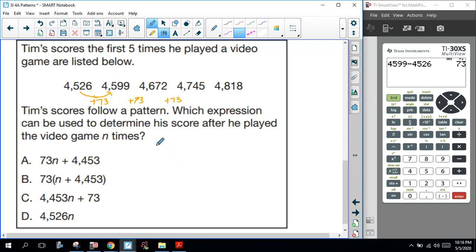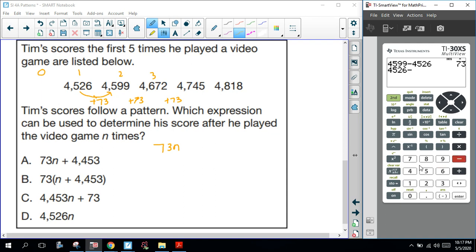So that means my expression is going to start with 73n. Well, this is the first, the second, the third term of my pattern. Well, to get the intercept at the end, I need the 0. I subtracted 1. So I'm going to go backwards here. Well, going backwards is going to be subtracting 73. So I take that first number of my pattern, 45.26.